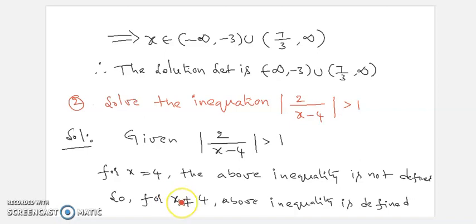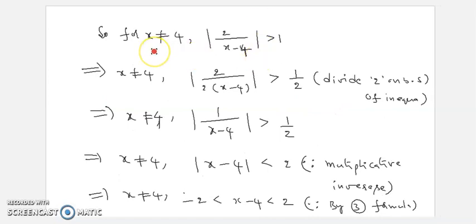For x not equal to 4 it is clearly defined. This means x equal to 4 is not included in the solution set of the given inequation. So for x not equal to 4, modulus of 2 upon x minus 4 greater than 1.